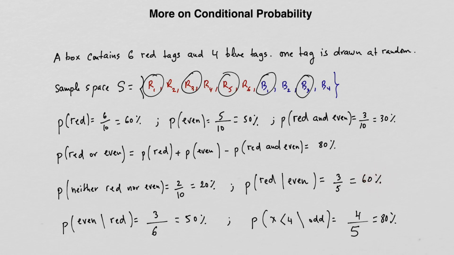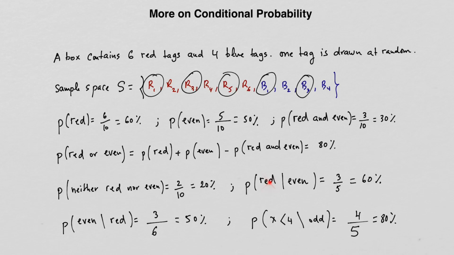Well, they happen to be equal again. So it seems to me that a tag being red or having an even subscript have to be independent, because the probability of red given even is the same thing as the probability of red, because red doesn't care about what even says.